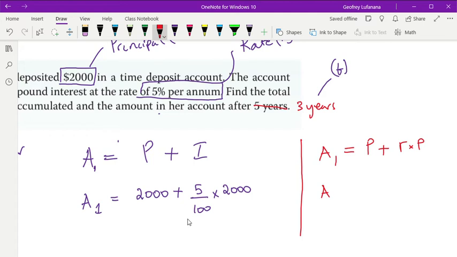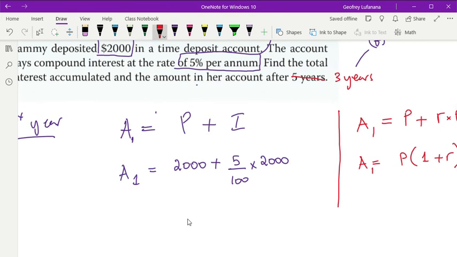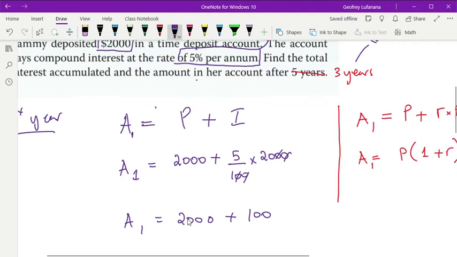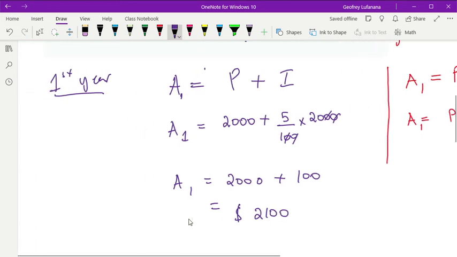If I factorize out the P, I have P into 1 plus R. This is our amount in the first year. Let me calculate this to get a figure. If I press this on a calc, I'll have 2,000 plus 100, so our amount would be $2,100. That is at the end of the first year.